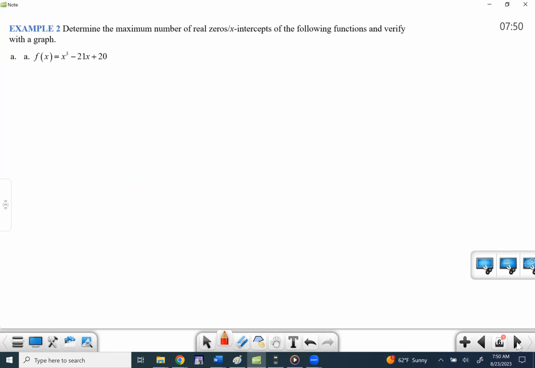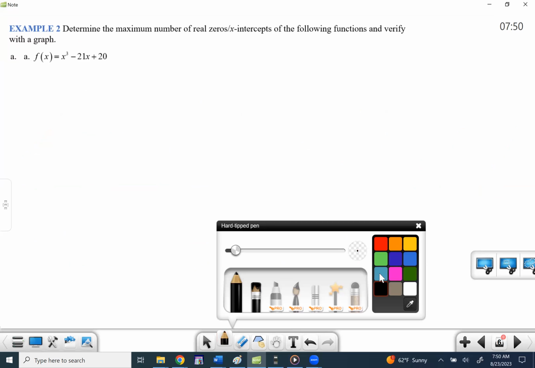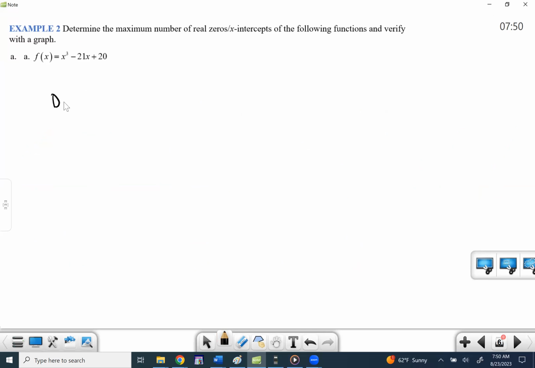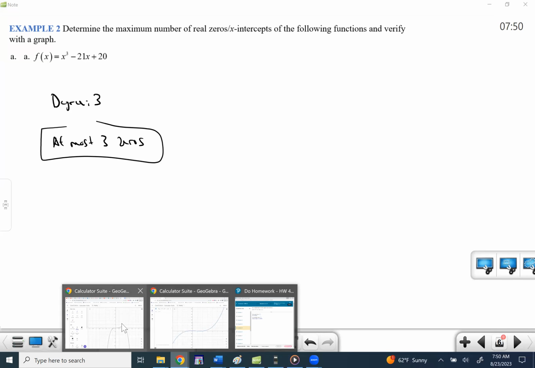Determine the maximum number of real zeros, verify with the graph. The highest exponent here is 3. So this is a degree 3 polynomial, which means it's going to have at most 3 zeros or 3 x-intercepts. If we take a look at its graph, this is going to be x to the 3rd.